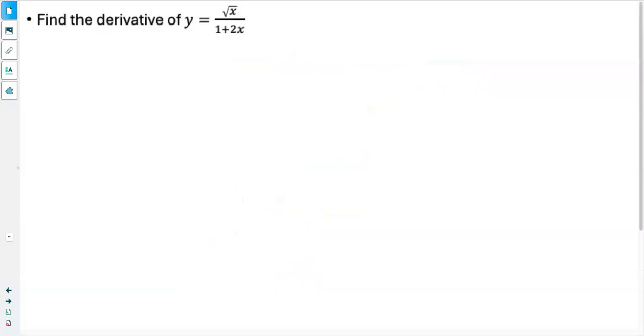Okay, next example, we want to find the derivative of y equals the square root of x over 1 plus 2x. So we know y prime would be d over dx of root x over 1 plus 2x.